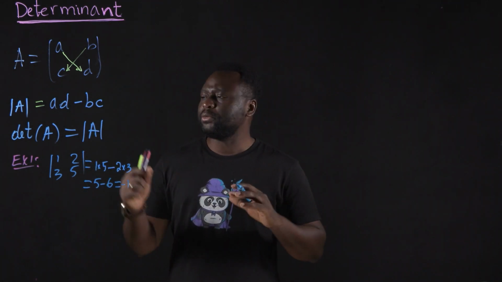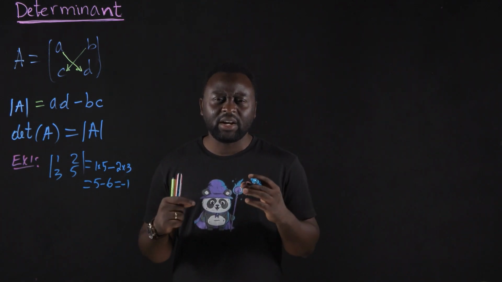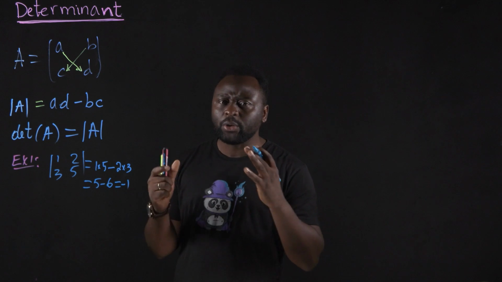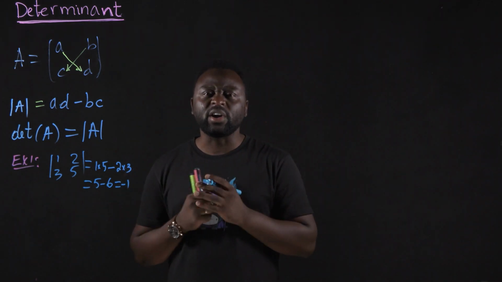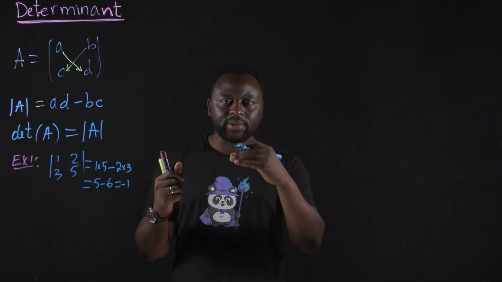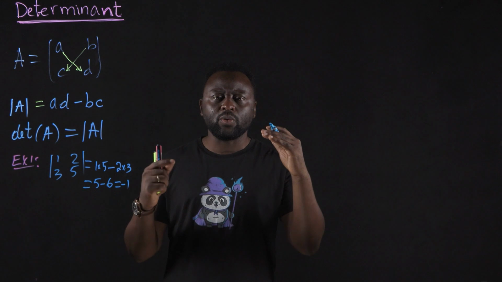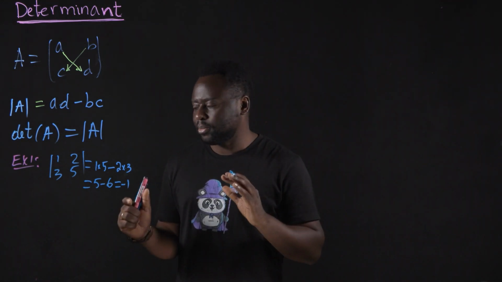Now, what happens if you don't have a 2 by 2 and you have a 3 by 3, 4 by 4, 5 by 5, up to n by n, and you have to find the determinant of such a matrix? How do you proceed? First of all, you have to fix the row or the column and expand your determinant following the row or the column that you have fixed, okay? So you have to choose a column or a row. It's a very simple principle.